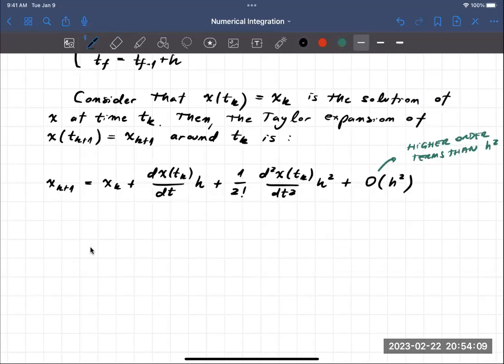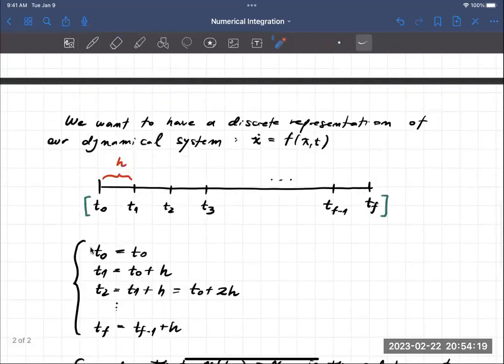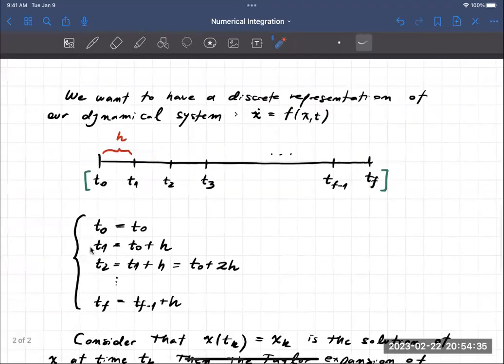So now that we have these derivatives, we can express these things in terms of something that we already know. We know that the derivative can be written in terms of this function f, which is known because you know the model of your system. So you know this equation f, this generally nonlinear equation f.